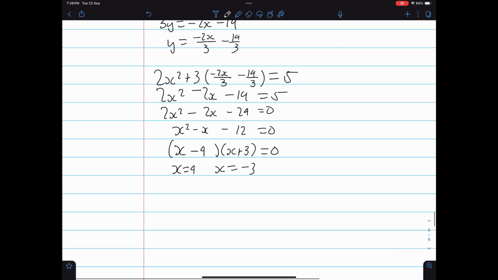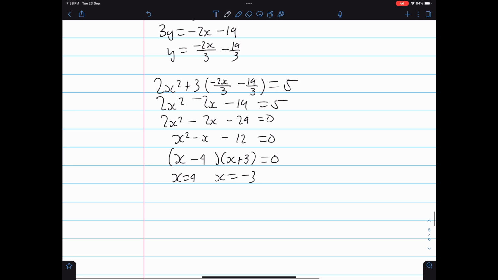Then what does y equal? And again, this is why we had to do that rearrangement of y. Minus 2 over 3 times 4 minus 19 over 3, which gives us negative 9.